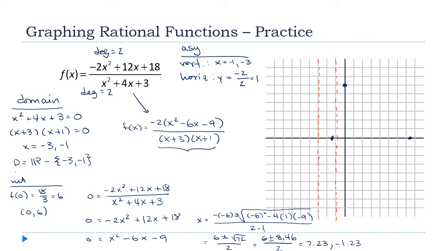That's -1. So I'm going to go to -1 and draw my horizontal asymptote. Okay, awesome. Now we've got choices to make.